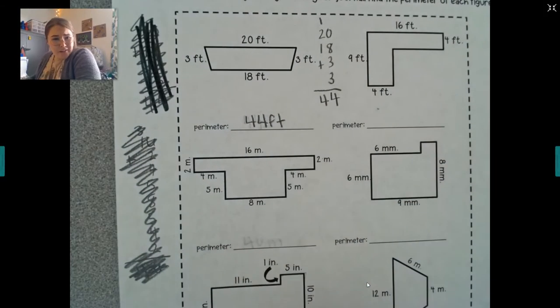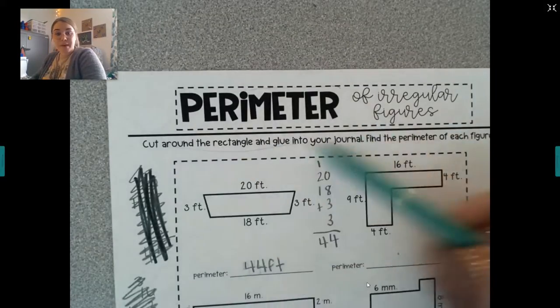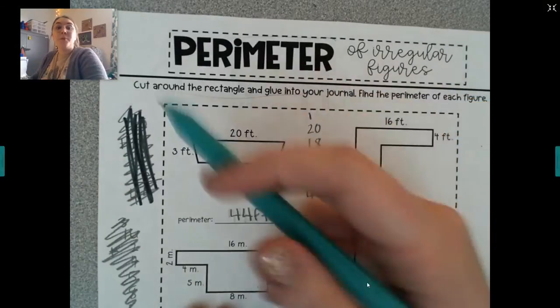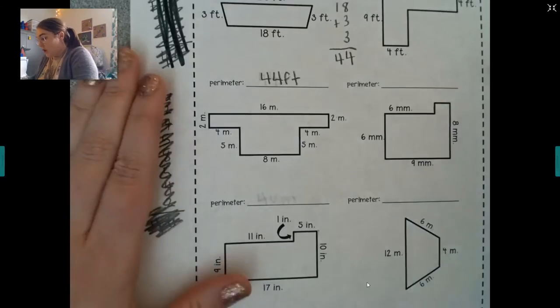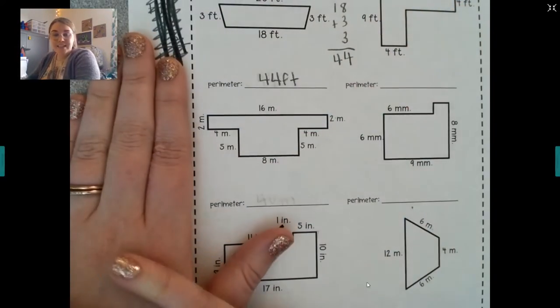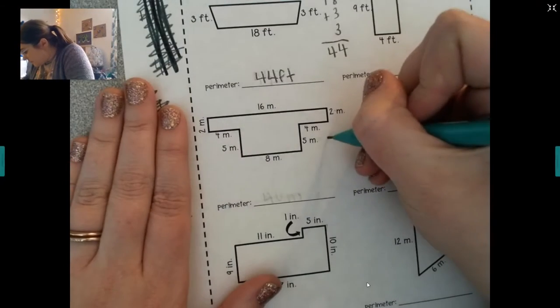Now let's do this one. This one's even weirder looking. But guess what? All you have to do is add up all the sides because we're finding the perimeter. Now, area is different, but for perimeter, it's the same as anything else. You just add up all the sides. I'm not even going to write it out for you. I want you to add up all the sides and let's see if we get the same answer.